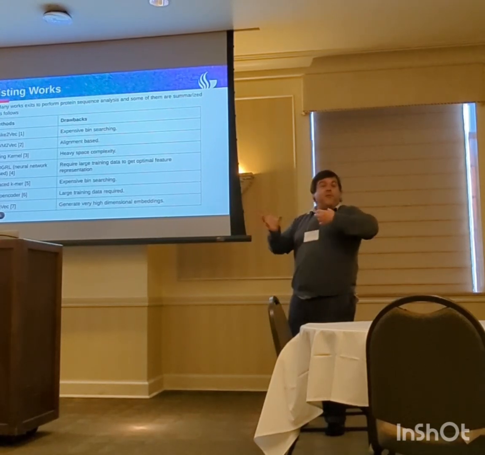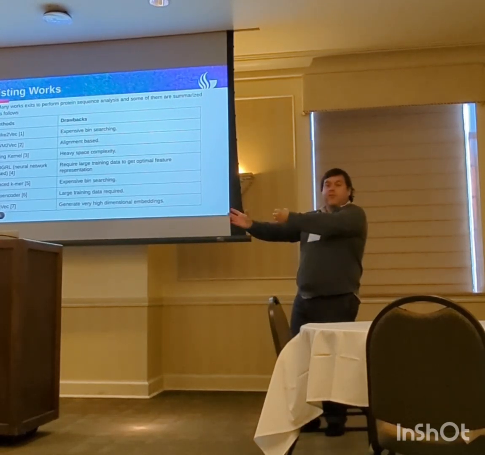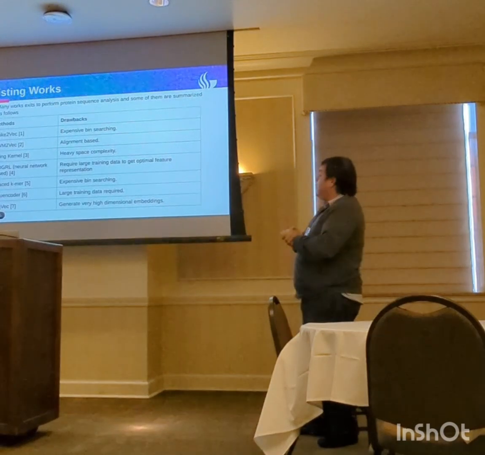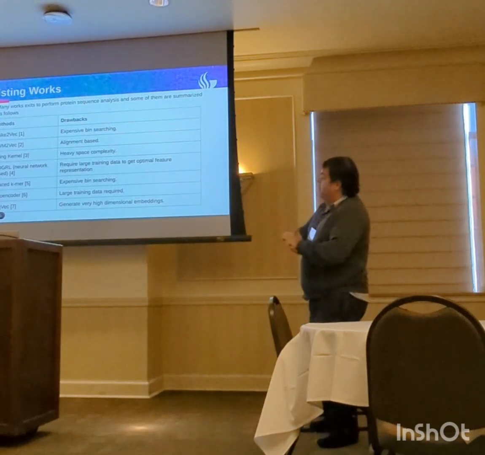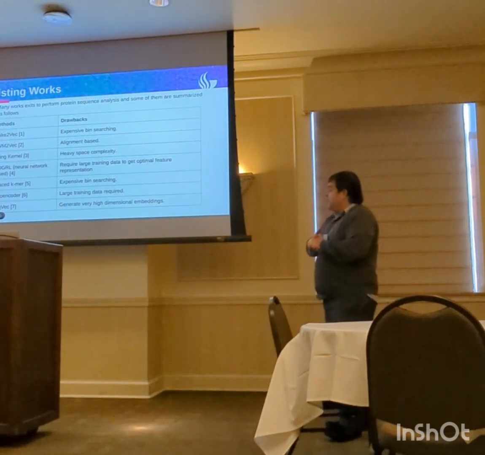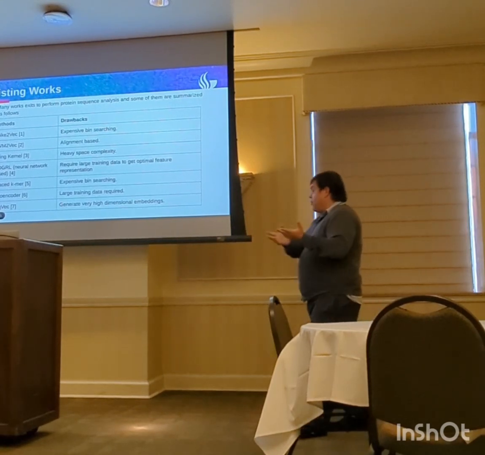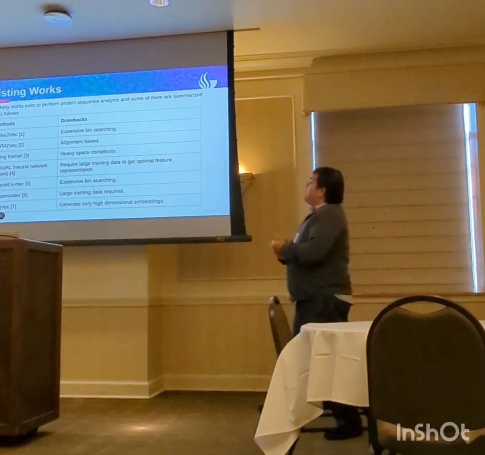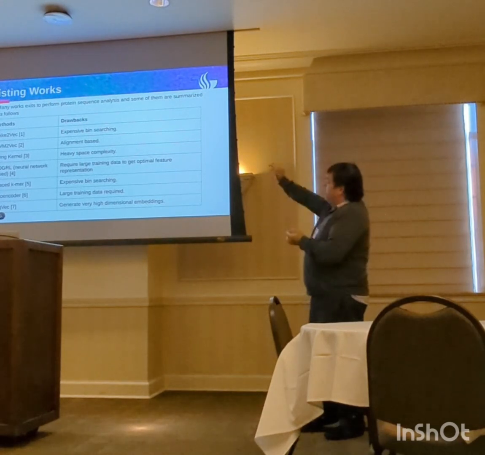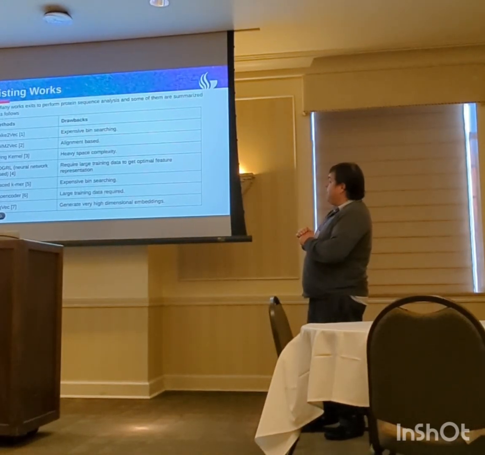Whatever sort of template you want, you run that over and generate k-mers. The autoencoder is another approach, and then ICCABS I don't know too much about, but there are drawbacks with all of these approaches.